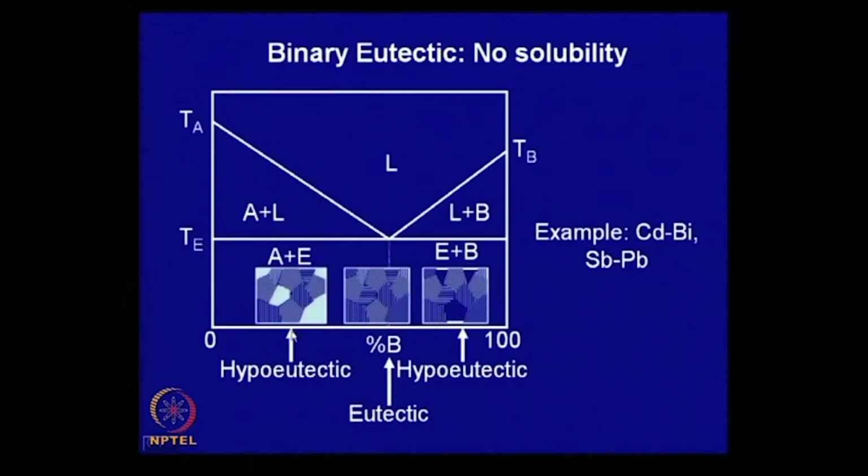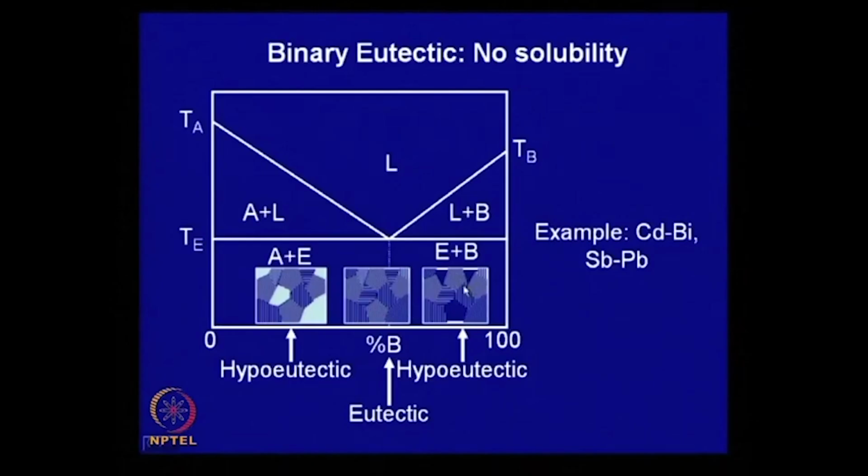In the hypoeutectic alloy, you will have primary alpha, that means crystals of A, and eutectic, and in the hypereutectic alloy you will have primary crystals of B and then eutectic.